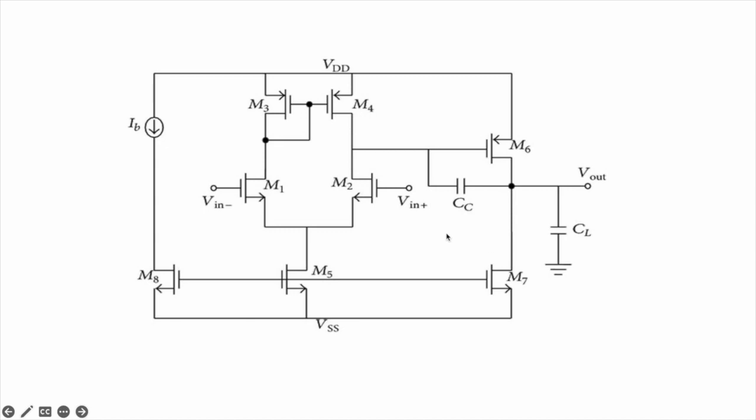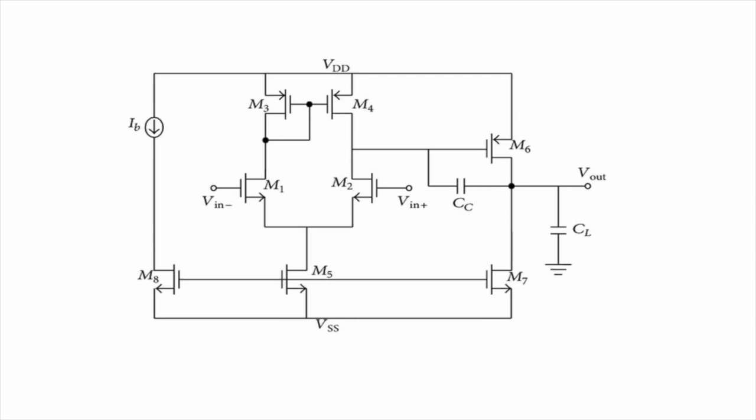So for the design of the circuit, first we'll choose a Miller capacitance, and generally it's taken around 1 to 2 picofarad. I choose a value of around 2 picofarad, and then we have to choose the second stage current to first stage current ratio around 5 to 10 times.